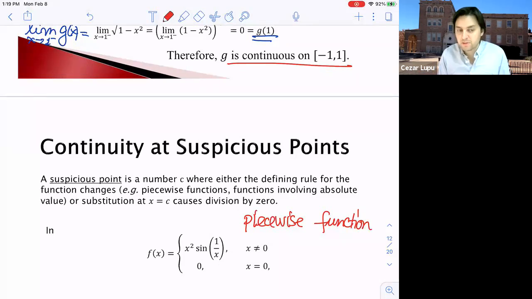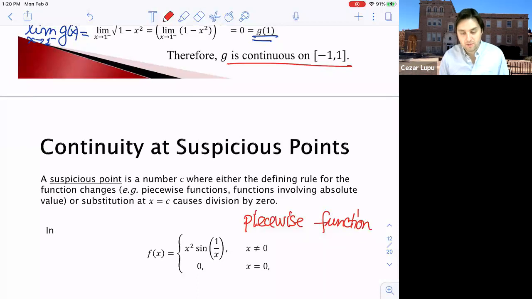All right, it's very suspicious, but even before we go there, what else is suspicious here? Do you see any suspicious point that we need to look better at? What is that suspicious point in this piecewise function? 0, correct. So the suspicious point is 0.